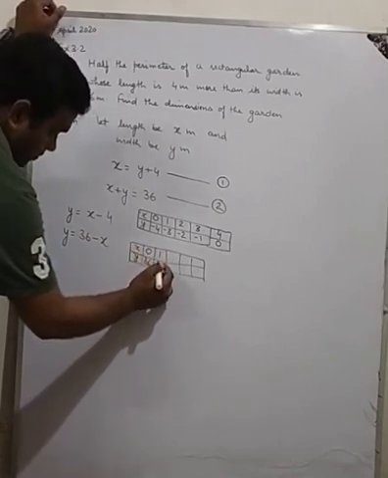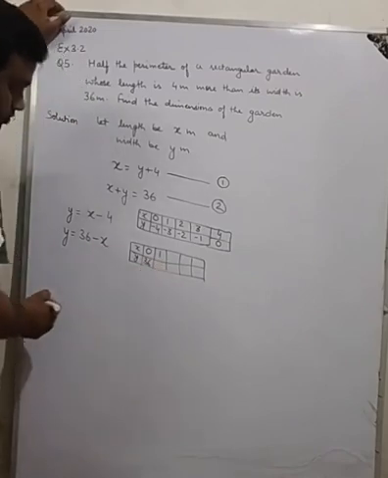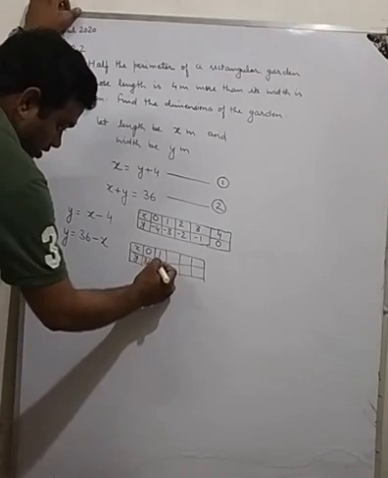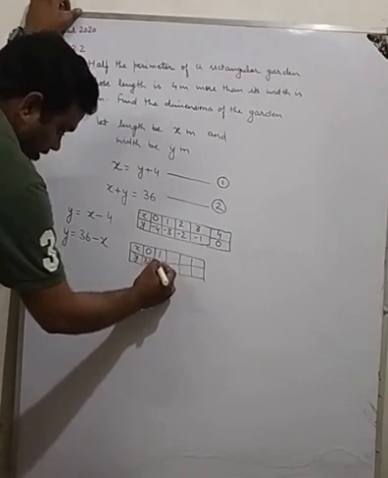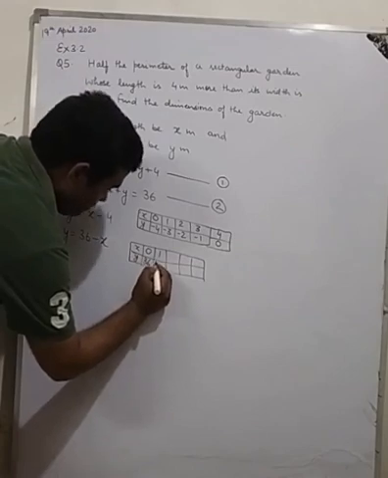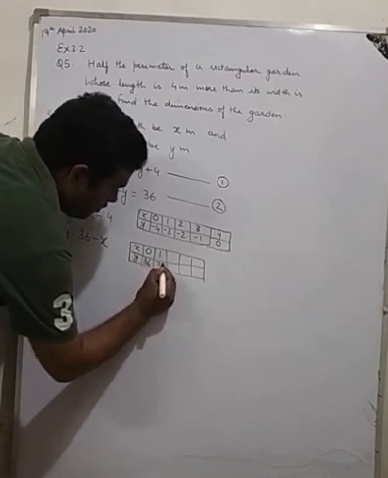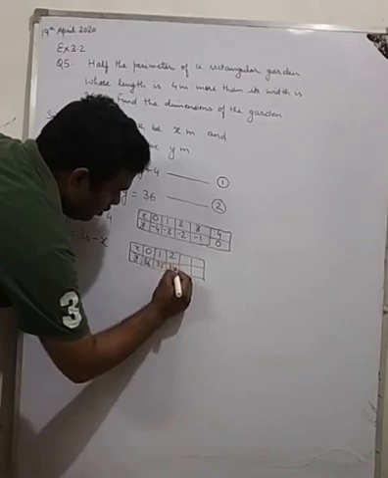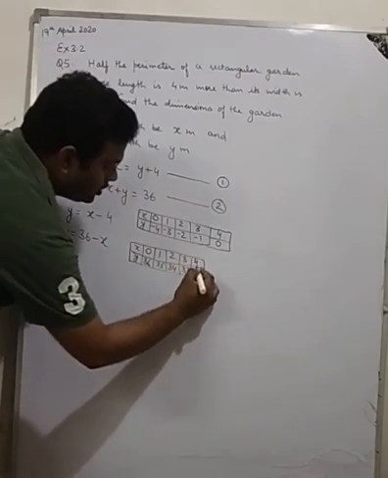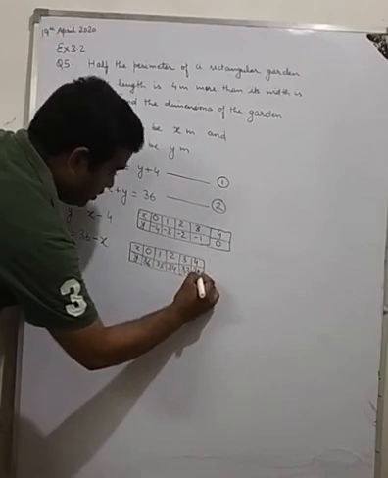For 1, it is 35. For 2, it is 34. For 3, it is 33. And for 4, it is 32.